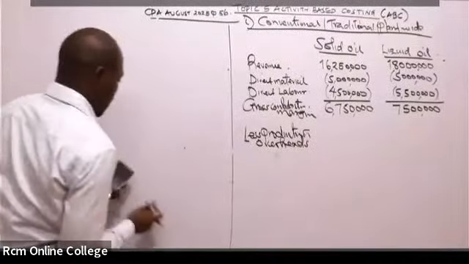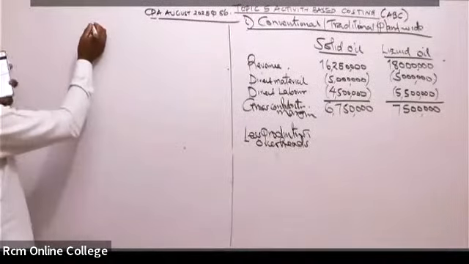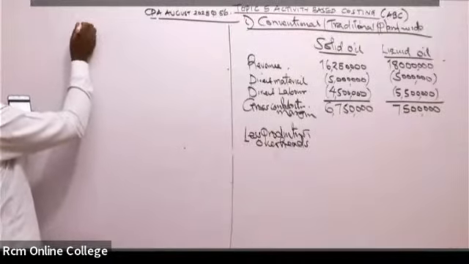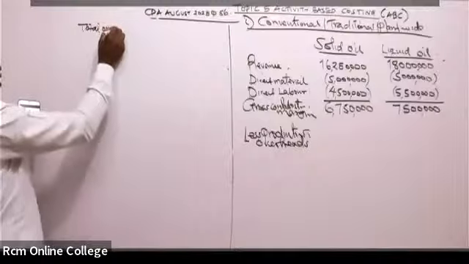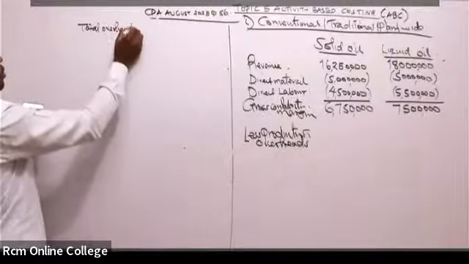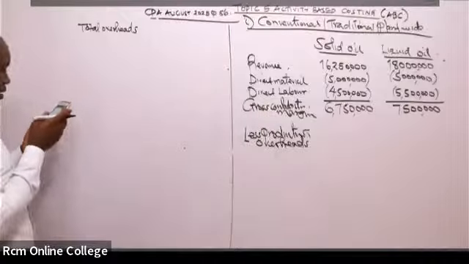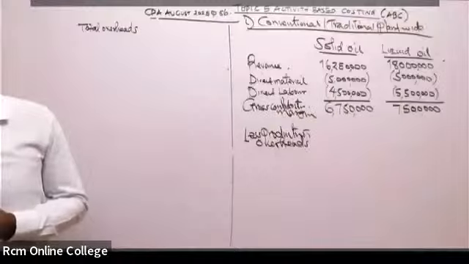Now, can we come to this part and get total overheads, right? Total overheads to be distributed. Somebody, are you able to identify the total overheads for our question?